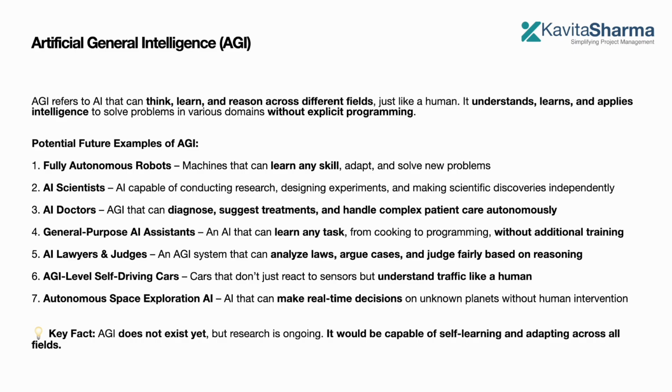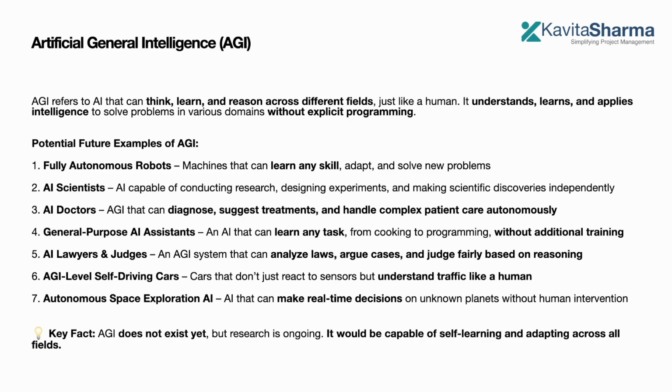Whereas an AGI, or strong AI, can think, learn, and reason across different fields, just like a human. It should be able to understand, learn, and apply intelligence to solve problems without a human programming it.